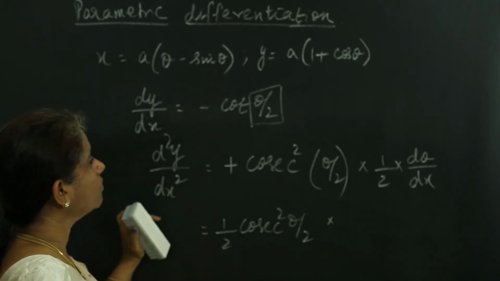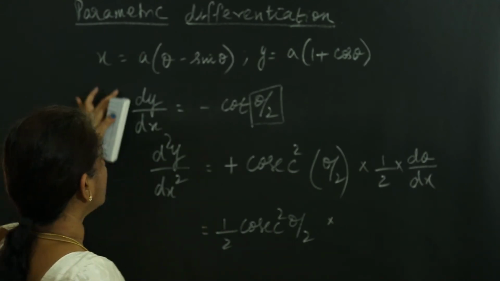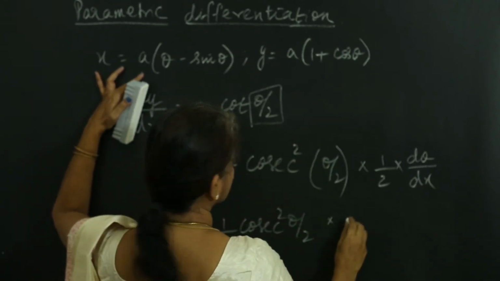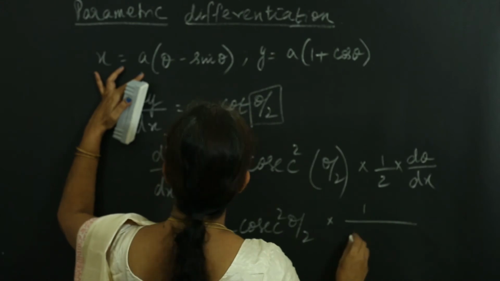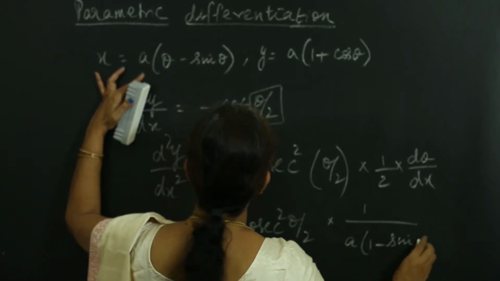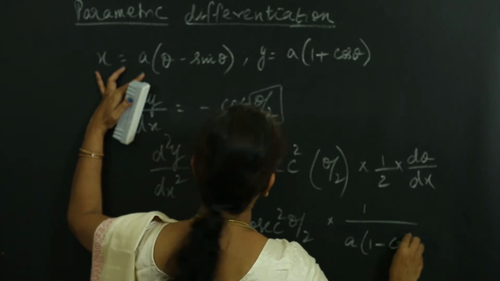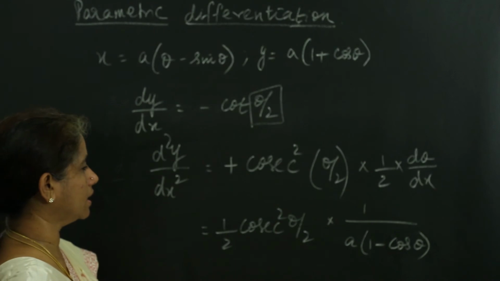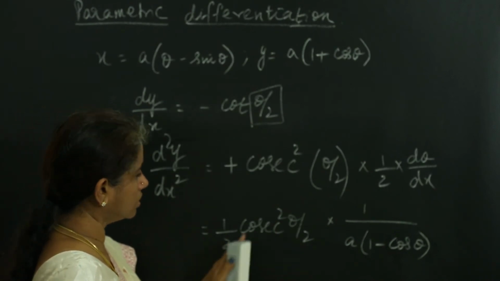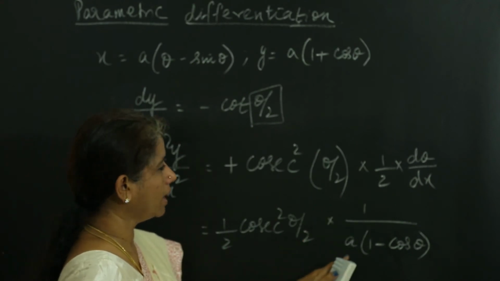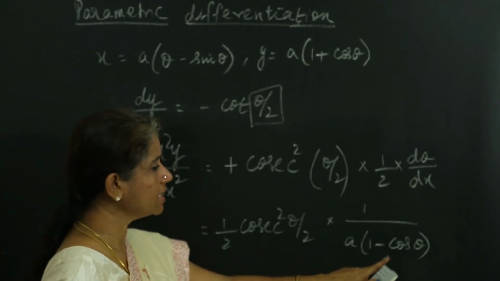But in the first step we had dx by d theta. What is dx by d theta? I have to write the reciprocal. So this is nothing but a into 1 minus cos theta, whose derivative is sin theta, so the reciprocal is written here. So you have half cosecant square theta by 2 into 1 by a into (1 minus cos theta).